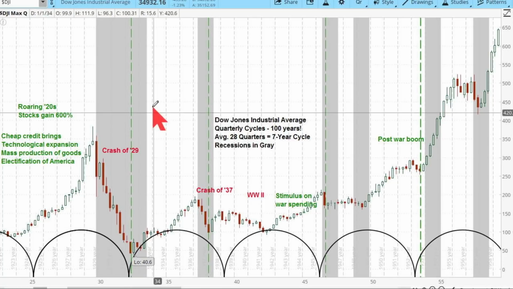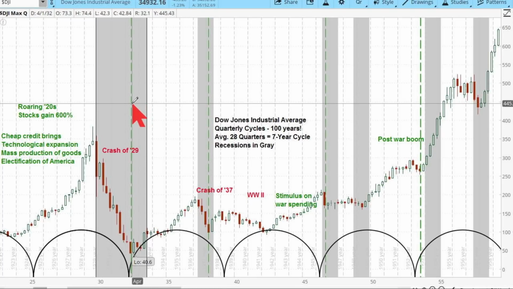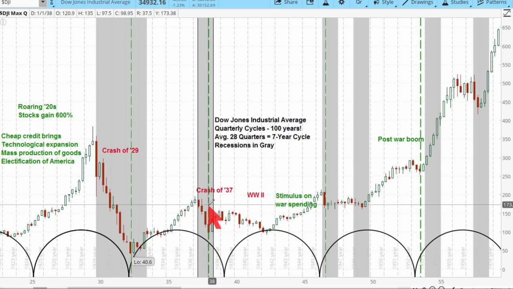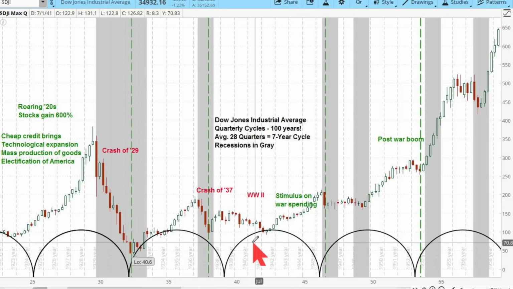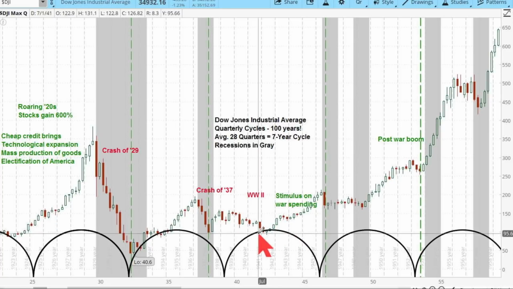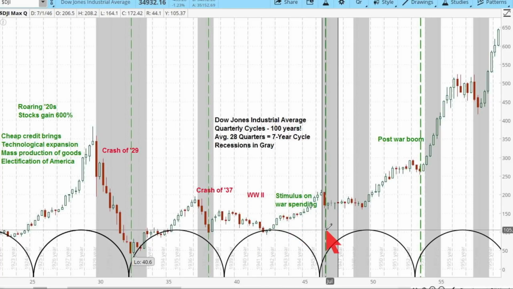So you can see this vertical line right over here, and this depression, the recession, is the gray area. That made the bottom. Now when you look 7 years later over here, the crash of 37 came out shorter. That comes to be a little bit shorter cycle, but then the decline right over here that occurred after World War II, after this huge stimulus spending, pretty much gets right on line, as you can see right there.